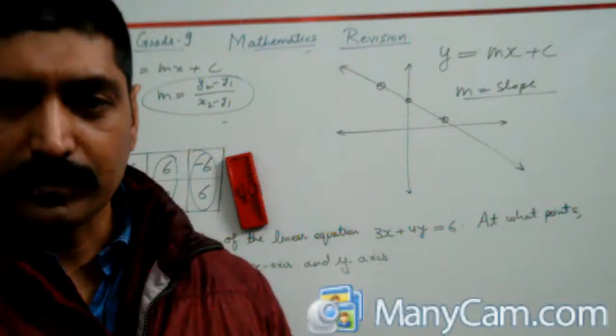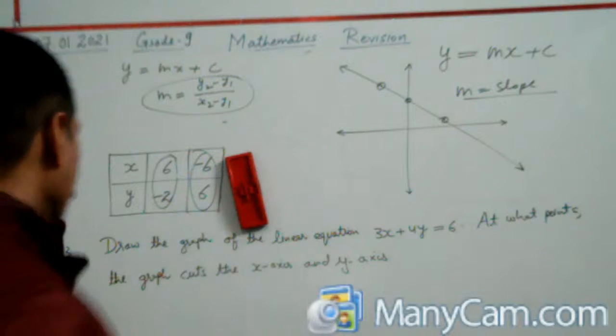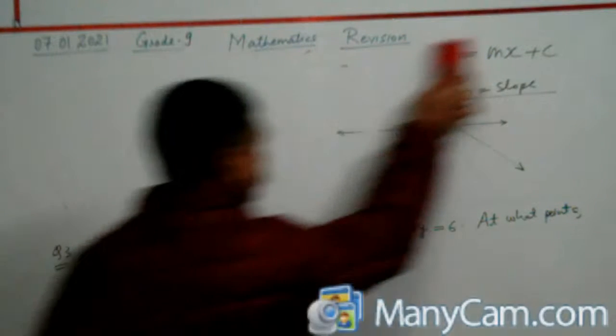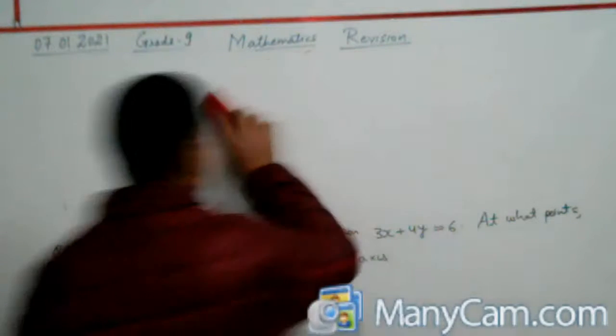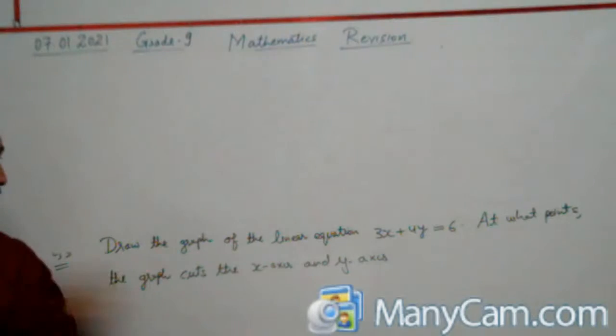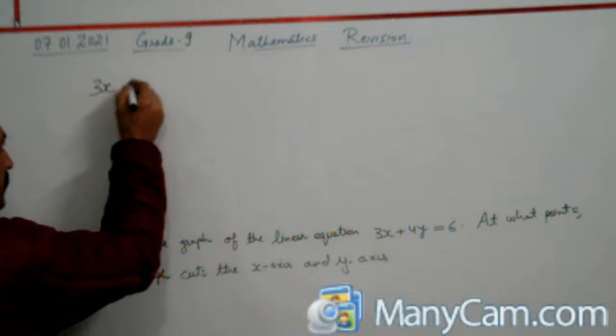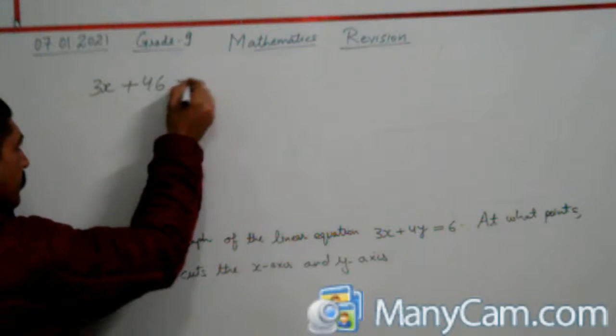So next question, draw the graph of the linear equation. You have to plot the graph of the linear equation, that is 3x plus 4y is equal to 6.